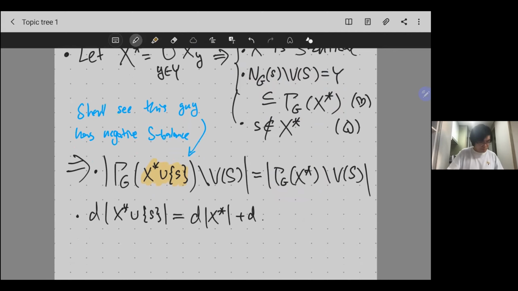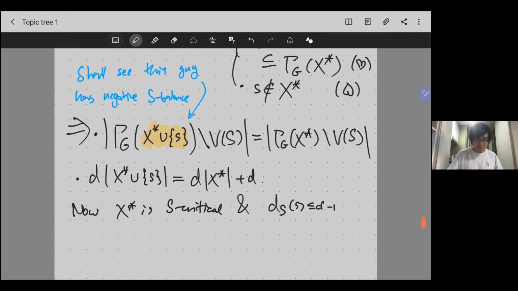Now, X star is S critical, and our degree is at most D minus 1, which implies that, let's look at the last term, which is the degree. Okay, actually, let me just put everything together. We look at the S balance of our new set.